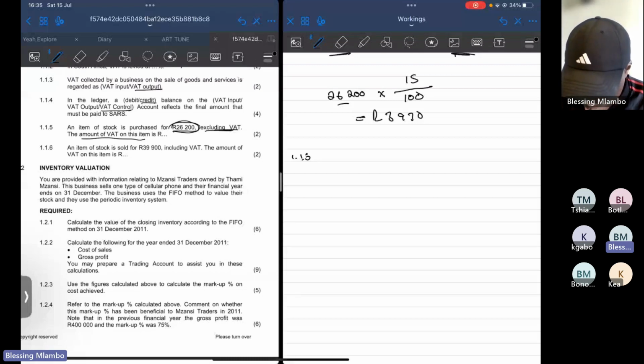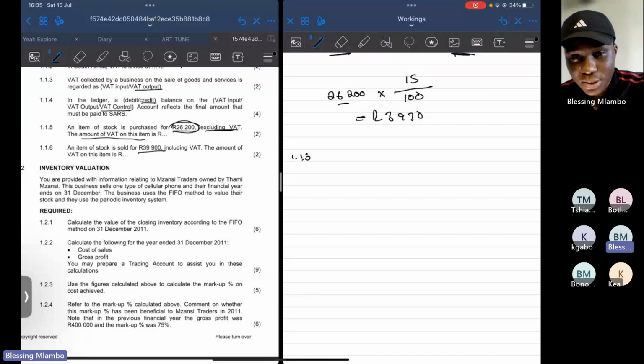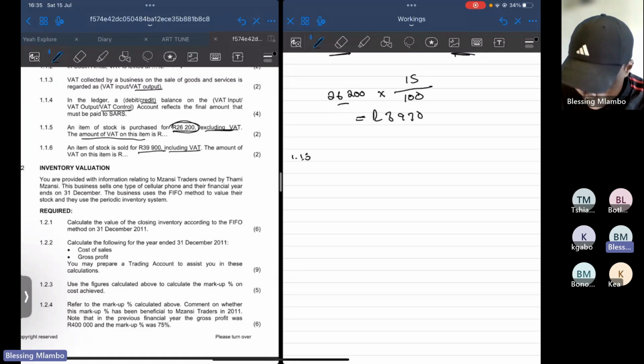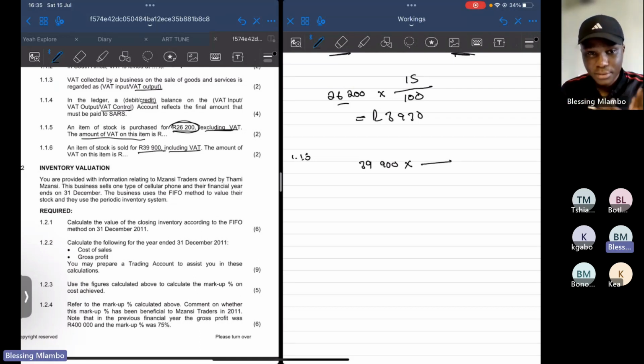An item of stock is sold for 39,900. So now you should click in your mind that okay, we're selling stock, meaning that stock is going out, right? The goods are going out of the business, so it's output VAT, right? So here they tell you that the amount is including VAT. So you write okay, 39,900 times what you want over what you already have.